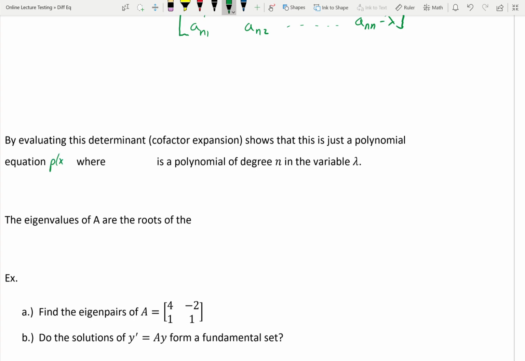P of lambda, and I'm going to write this over here. P of lambda is equal to 0, where P of lambda is a polynomial of degree n in the variable lambda, which means P of lambda is simply a characteristic polynomial.